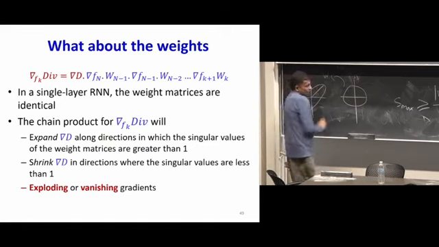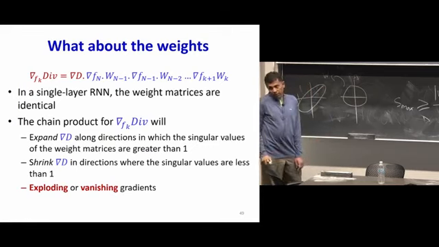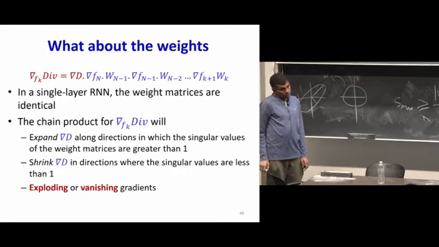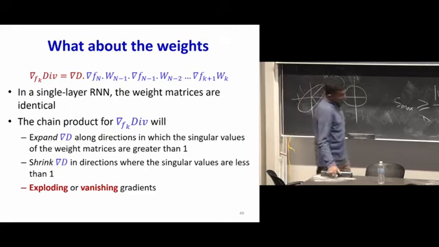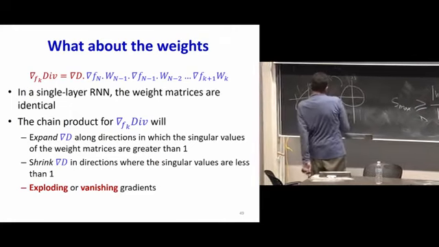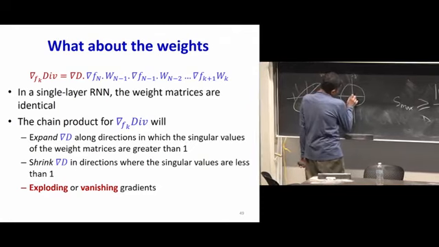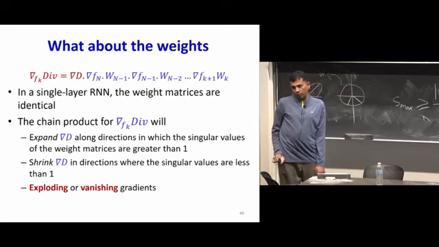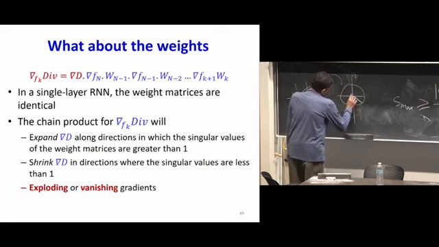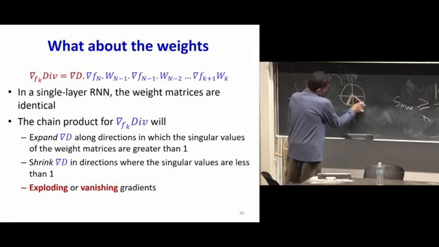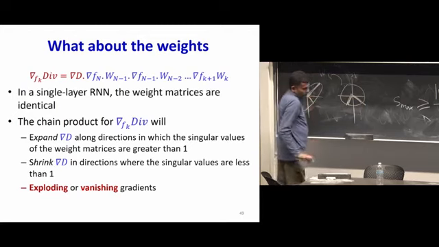This would be the largest singular vector, the singular vector corresponding to the largest singular value. This is the singular vector corresponding to the smallest singular value. I'm just drawing it in 2 dimensions. You've got to blow it up in your mind into any number of dimensions. And the corresponding right singular vectors are also going to be orthogonal to one another on the circle, right? So this guy is going to get expanded to this one. This guy is going to get shrunk to this one, right?